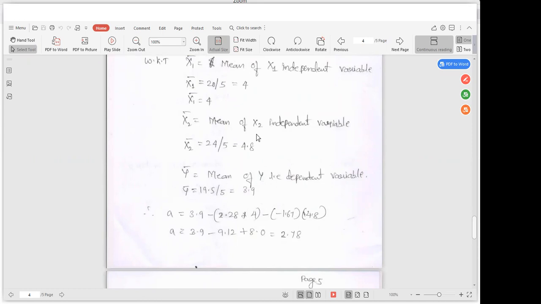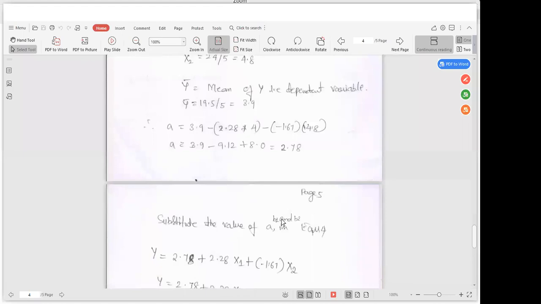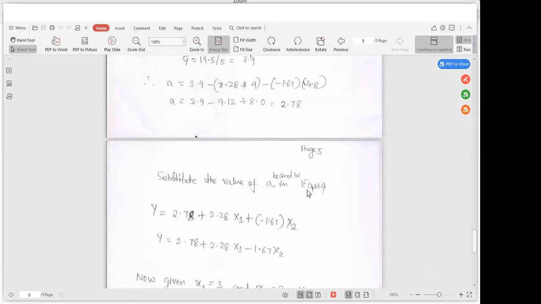We know the value of b1, the slope, is 2.28, and the value of b2 is minus 1.67. Now you need to substitute these values in equation 4, where we have written y is equal to a plus b1 x1 plus b2 x2. So a is 2.78 plus b1 is 2.28 into x1 minus 1.67 into x2.